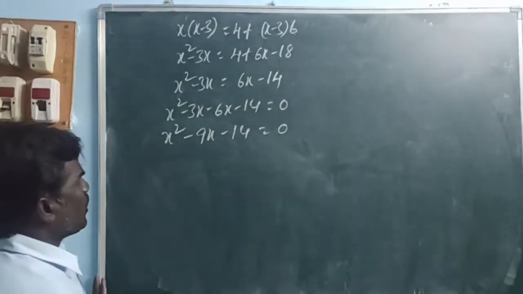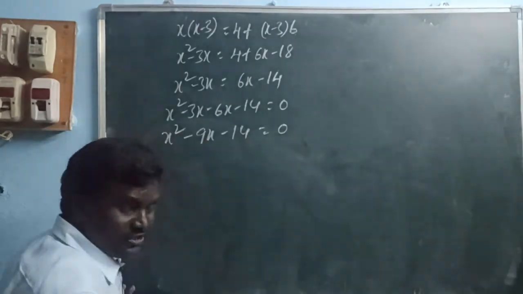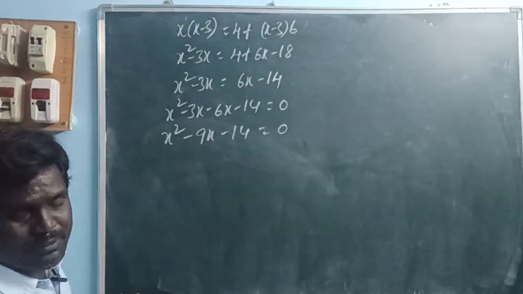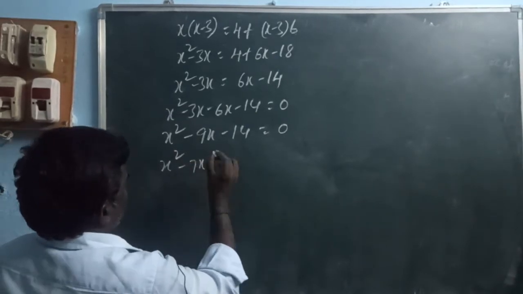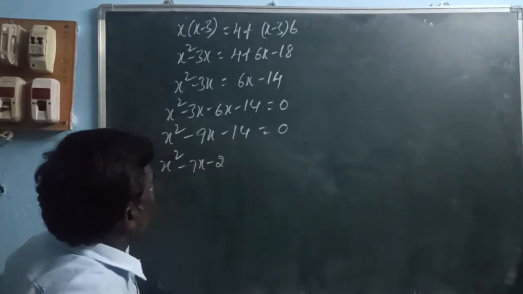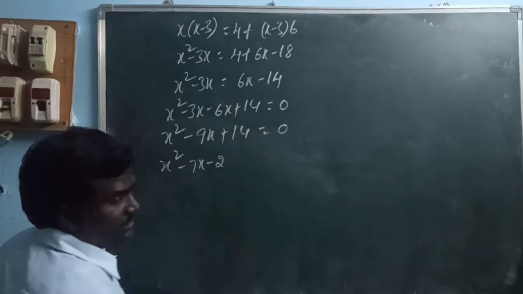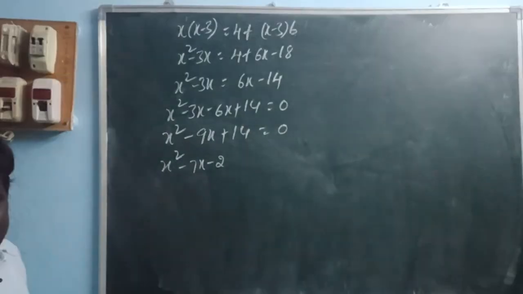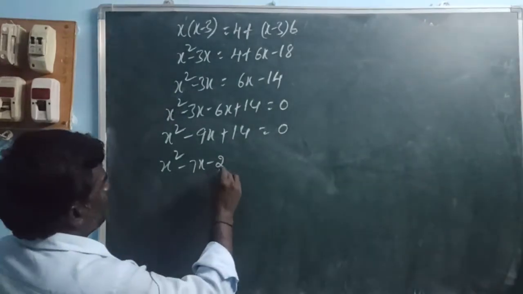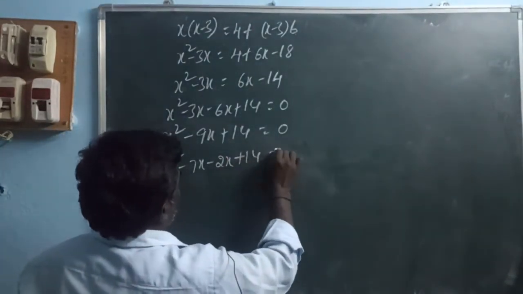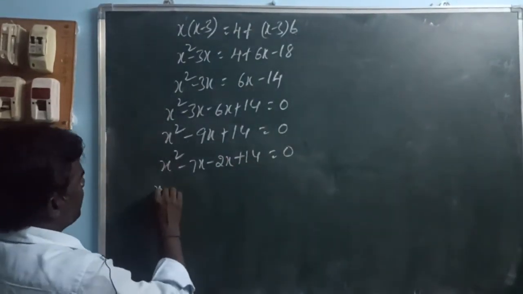So how can we write 14? 7 twos are 14. So minus 7 minus 2. So that is x square minus 7x minus 2x plus 14 is equal to 0. In the first two terms, what is common? x.